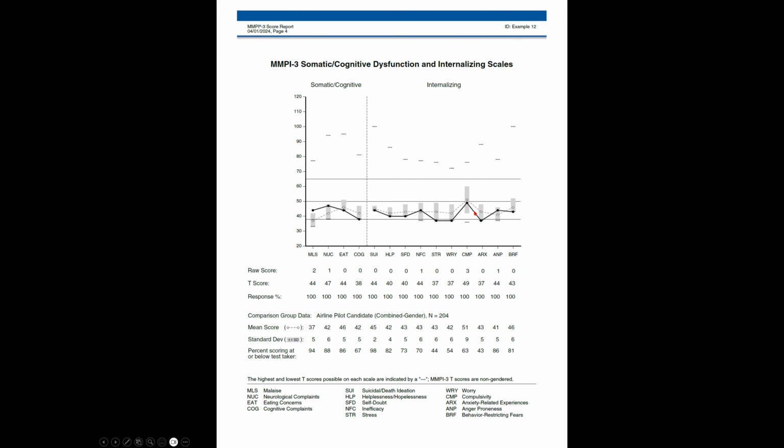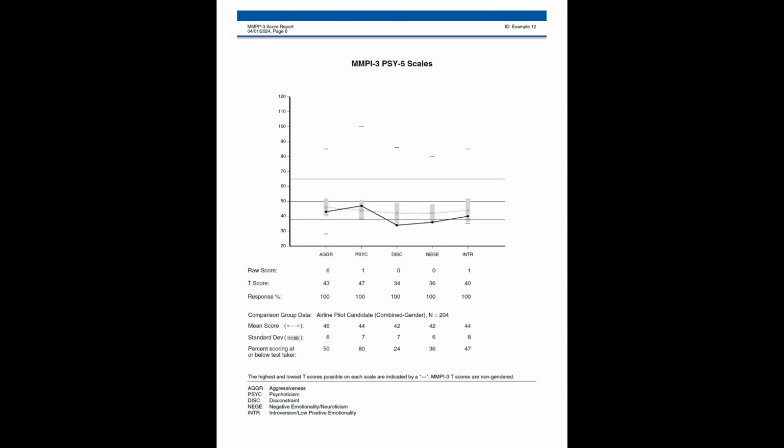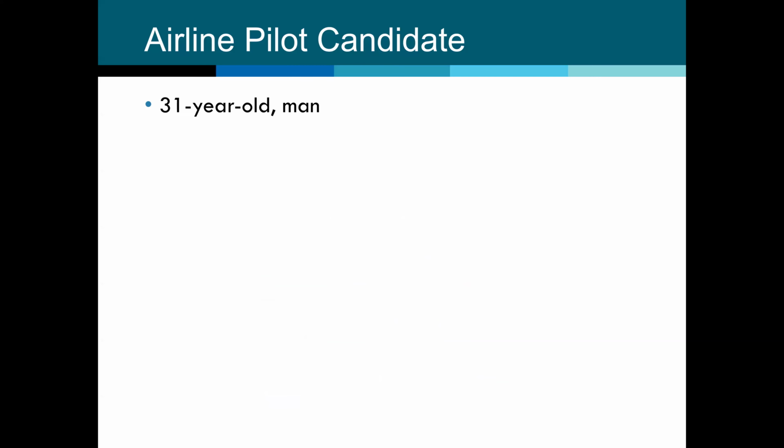We can see that little blip here on compulsivity that we talked about earlier. That's common. That's not at all an indication of any potential problem in this case. Again, scores all well within normal limits and within the range that we typically find in airline pilot candidates. This would be a very clean-looking protocol.